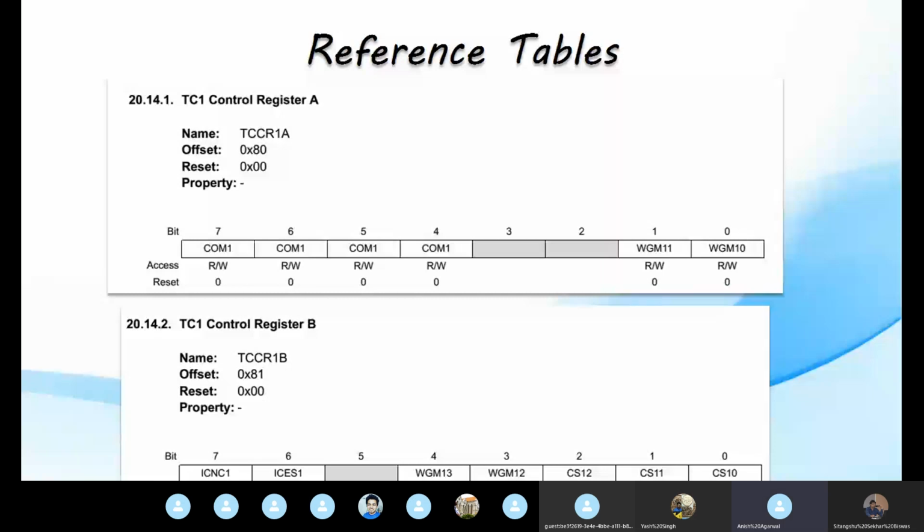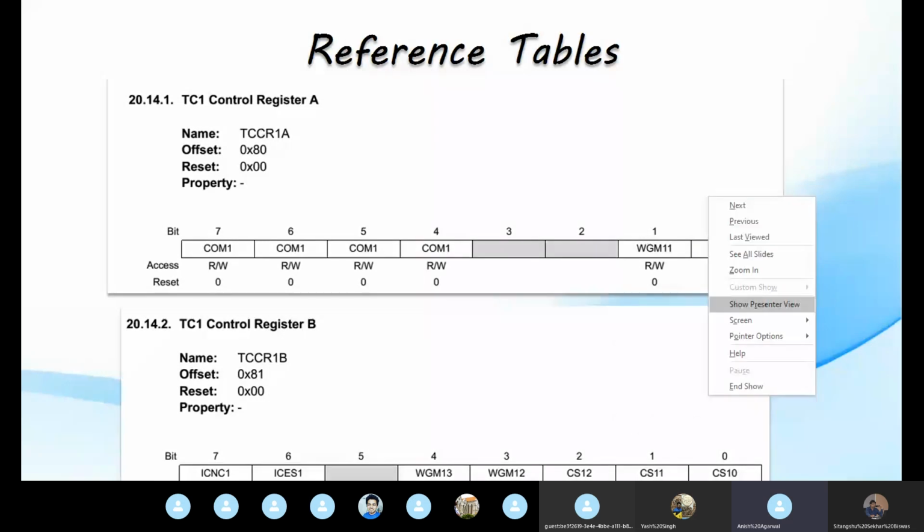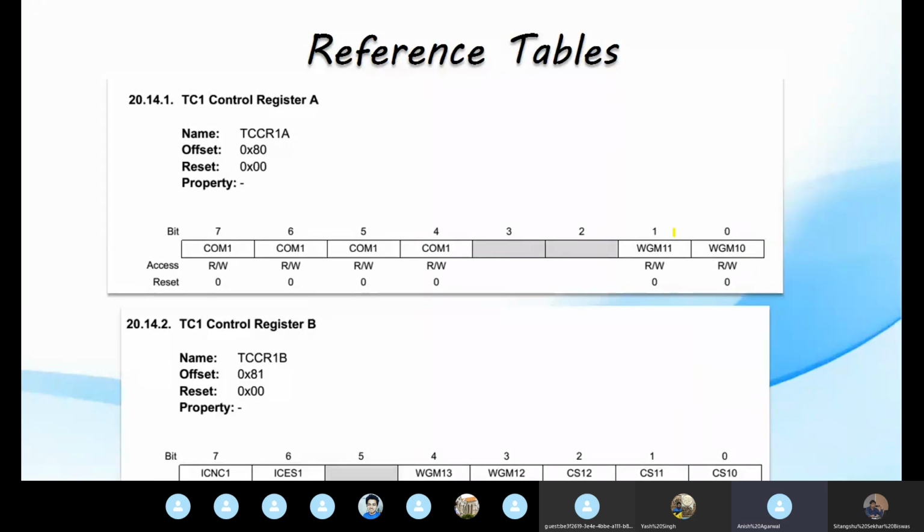As you can see here, the first and the 0th bit of TC1 control register A are WGM11 and WGM10. In TC1 control register B, the third and the fourth bit are WGM13 and WGM12.